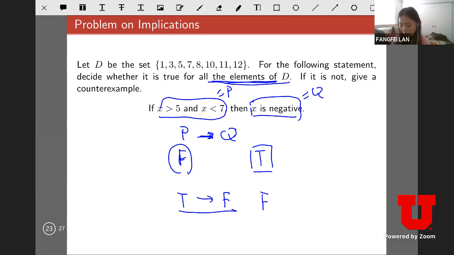If you go back and look at the truth table of implication, when P is false and Q is true, this is a true statement. When P is false, Q is false, that is also a true statement. And obviously X is not negative, so in this case, Q is also false. So false implies false is a true statement.